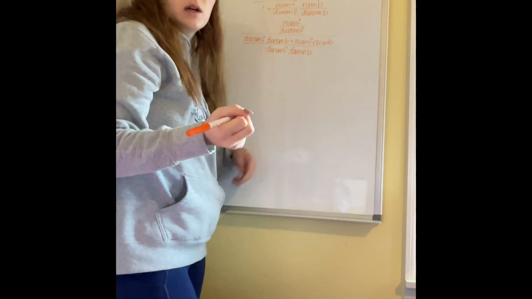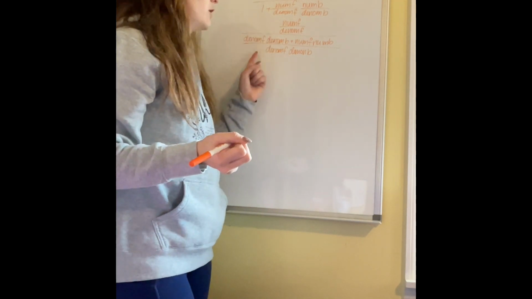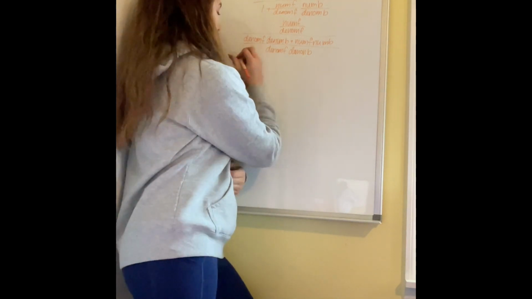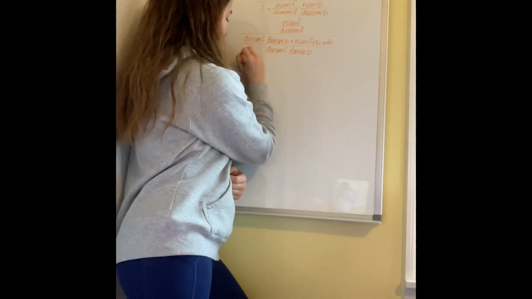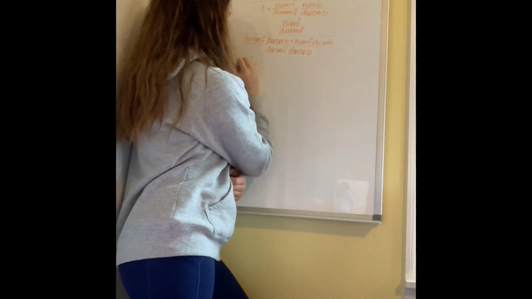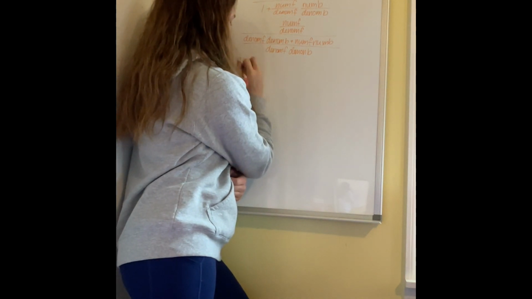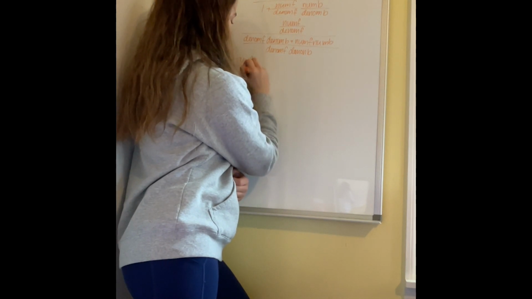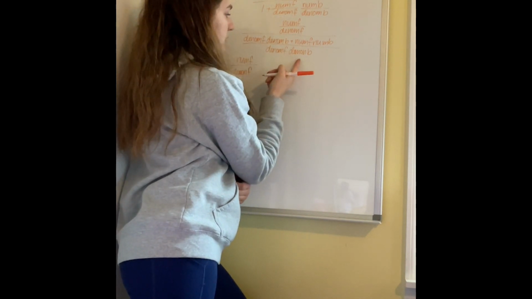So now we can multiply our numerator and our denominator just by multiplying by the reciprocal of our denominator. So we're going to have our num f over our denom f times the reciprocal of our denominator.